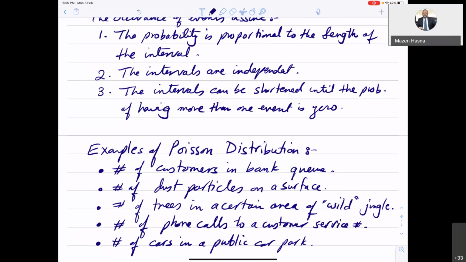So you can divide your surface into smaller areas where you can have either one particle or not. Even with time, you can go short in time until you can have either one phone call or no phone calls whatsoever in each second. You cannot have 2 phone calls in the same second, and so on.